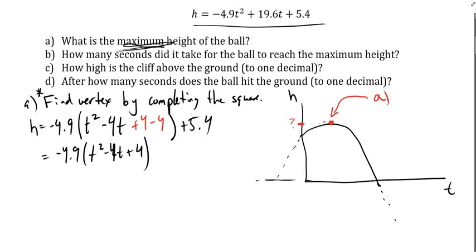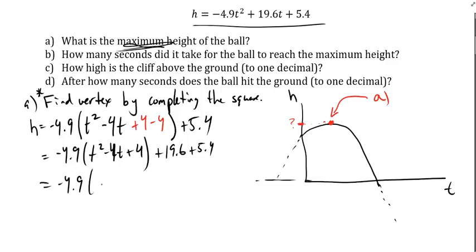Oh no, it's 2 negatives, so it's positive. That's important. If I got negative, then that would have really messed up this question. Negative 4.9 times negative 4 is plus 19.6 plus 5.4.